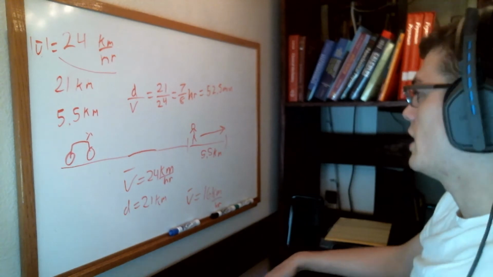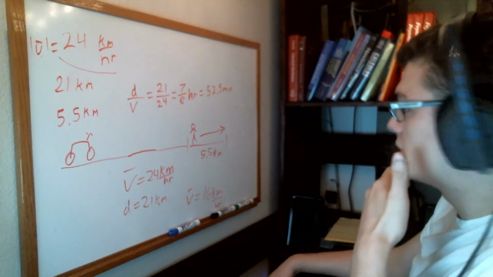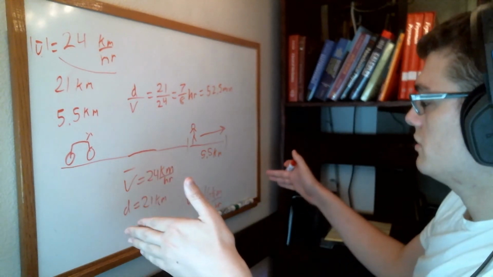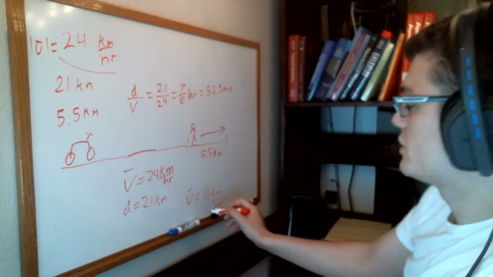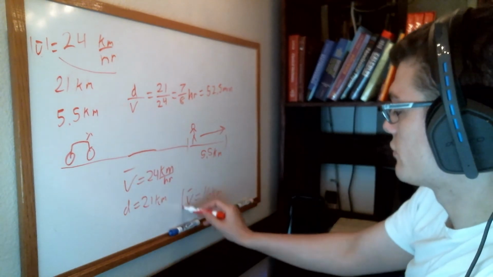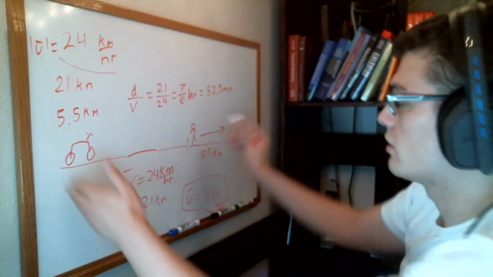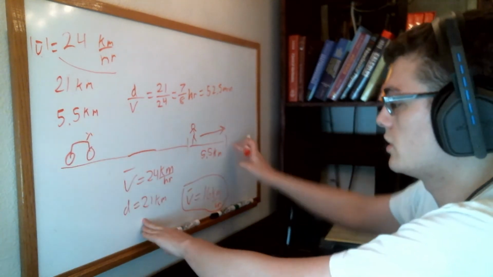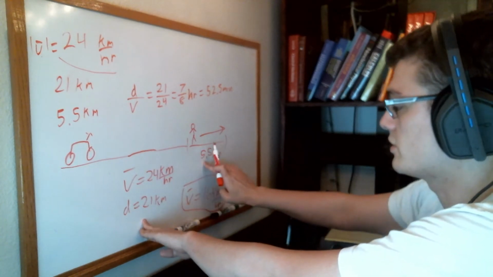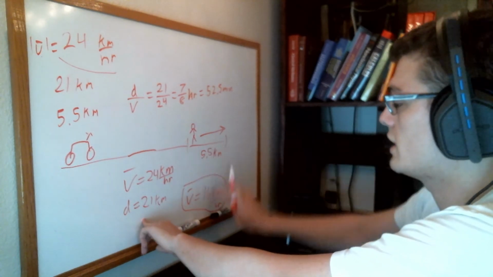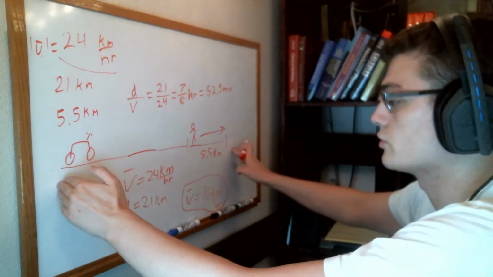To find how much time that would take, because this is for the whole trip, we need to take our total distance, which is this distance plus this distance, and divide it by our average speed for the whole trip.